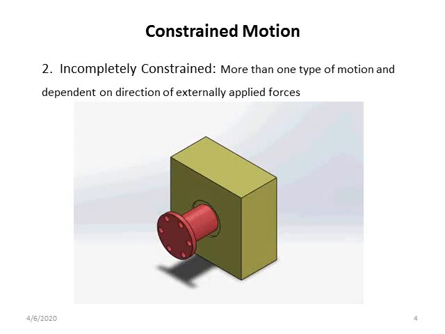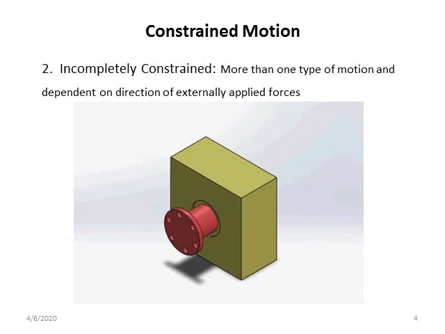In case of incompletely constrained motion, as you can see here, the box is one link with a circular cavity, and there is a circular rod with a flange at one side.